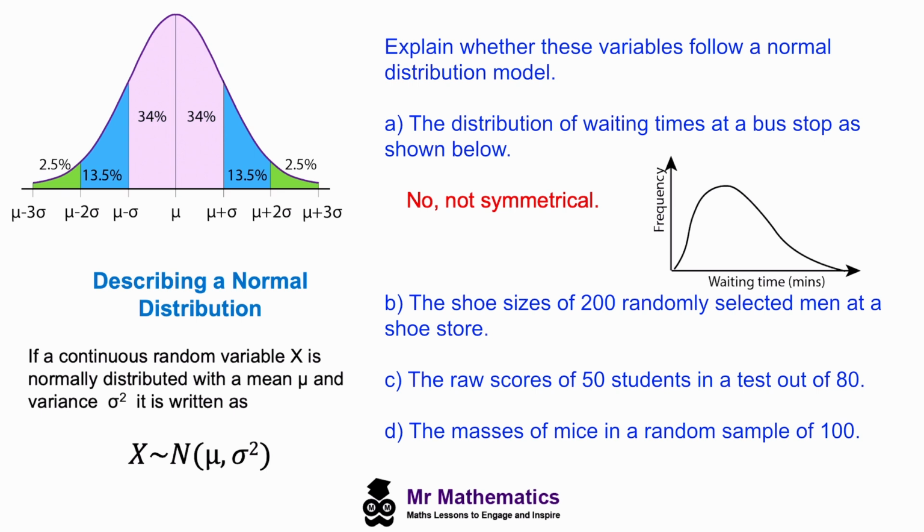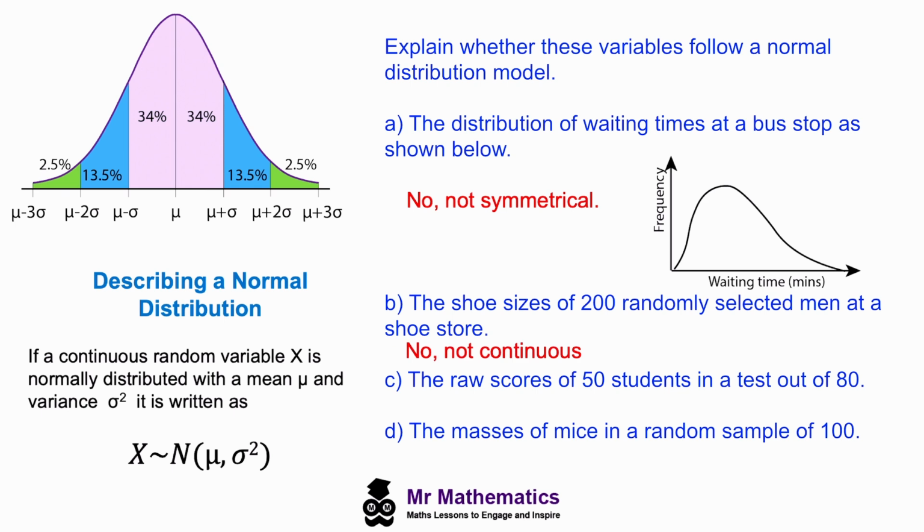For part B, shoe sizes of 200 randomly selected men at a shoe store. While shoe size is a discrete measurement, you would have size 6, 6.5, or 7, but you wouldn't have a shoe size of 6.01, for instance. So because it is discrete and not continuous, you would not use a normal distribution model.